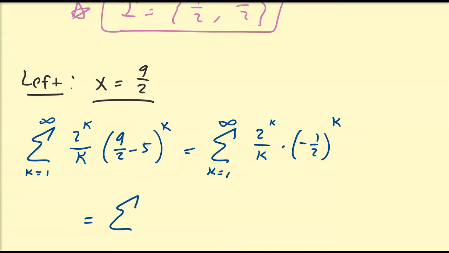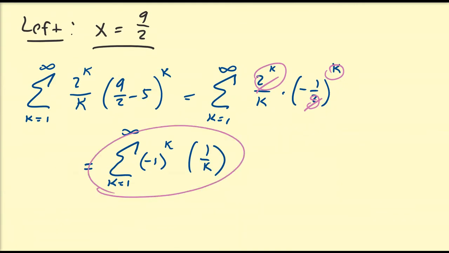This is going to be the sum from k equals 1 to infinity of (-1) to the k. And what is going to be my other term? Let's see. If we look here, we have 2 to the k and 2 to the k as well. We've already isolated the negative ones, so those will cancel. And we still have this k on the bottom, so that's going to be 1 over k.